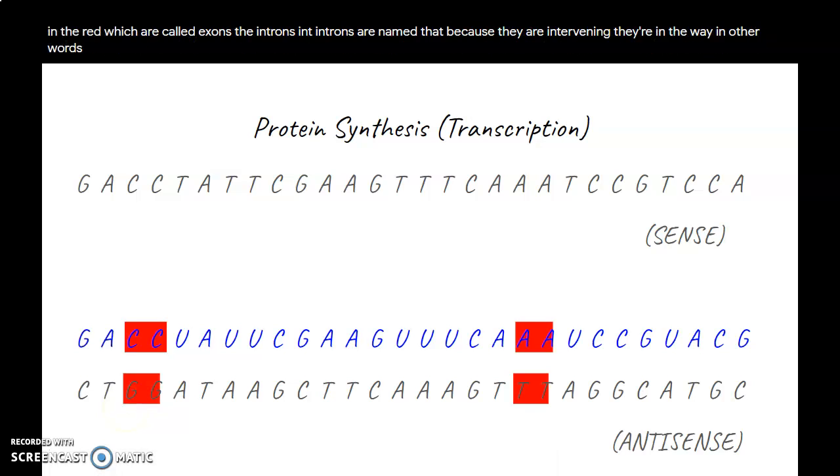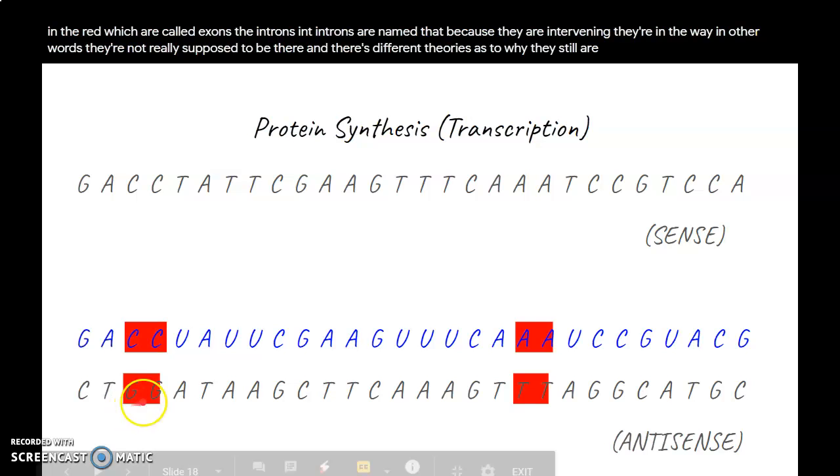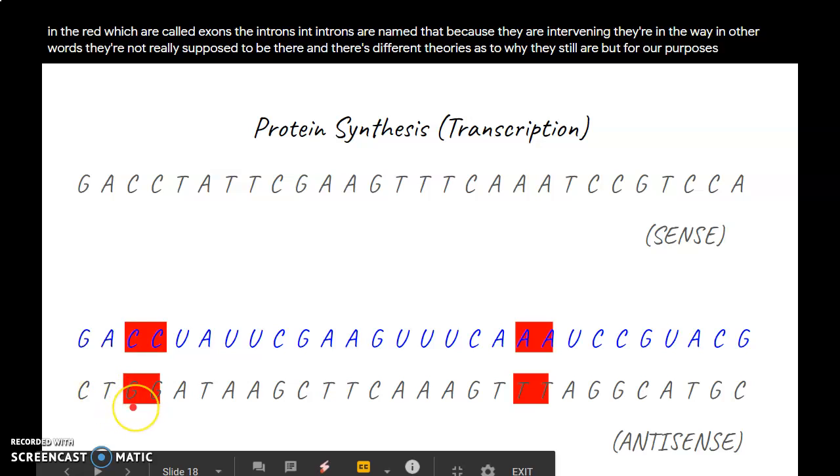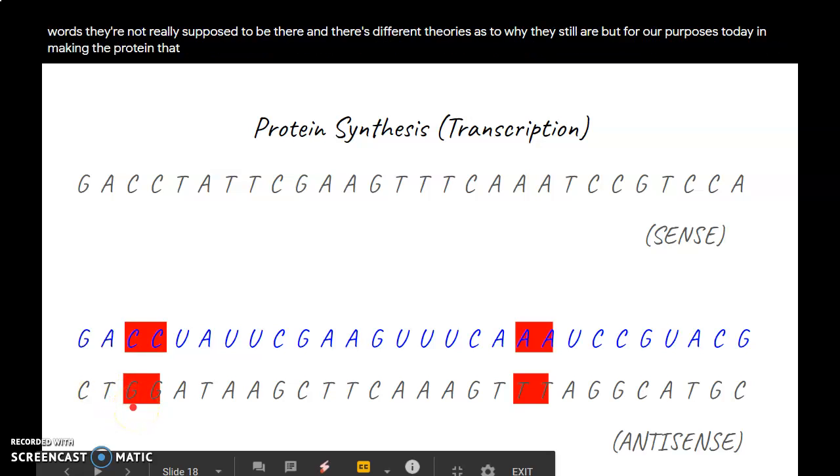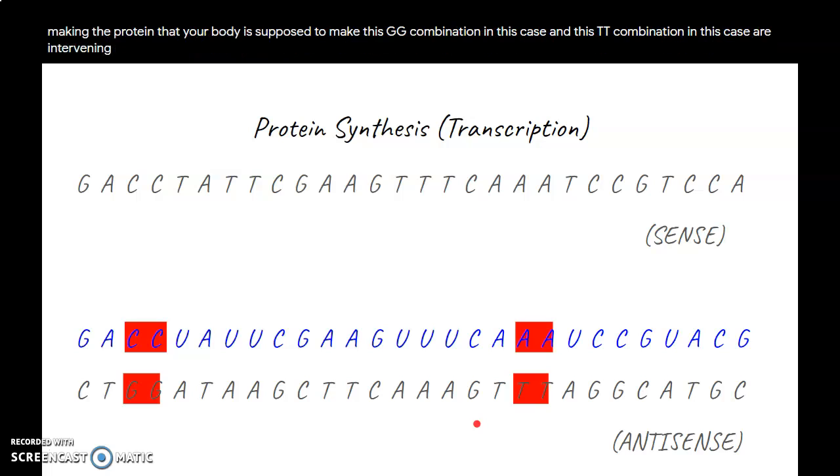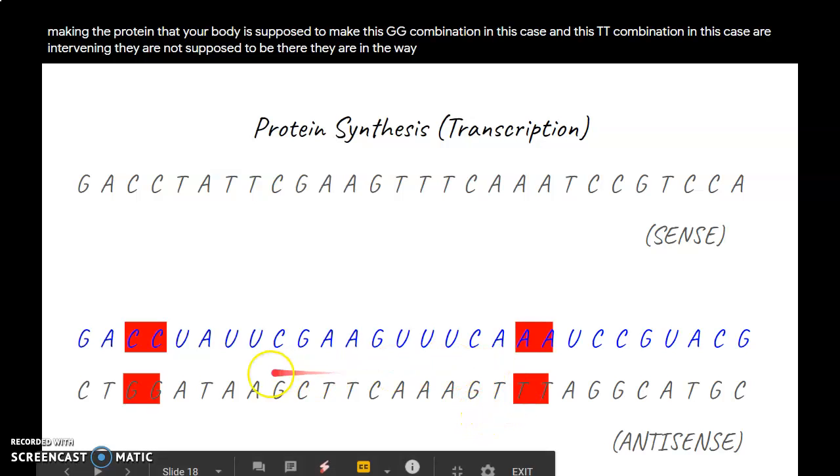In other words, they're not really supposed to be there, and there's different theories as to why they still are, but for our purposes today, in making the protein that your body is supposed to make, this GG combination in this case and this TT combination in this case are intervening. They are not supposed to be there. They are in the way. They are introns.